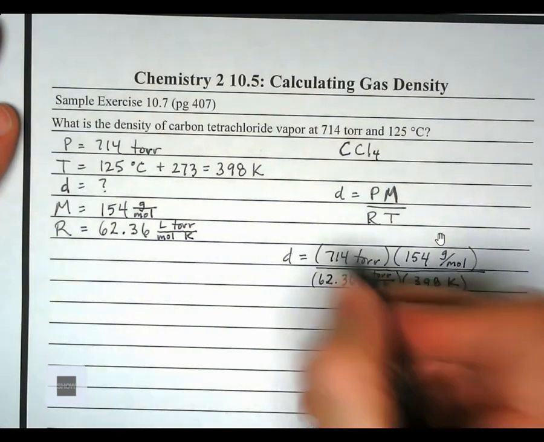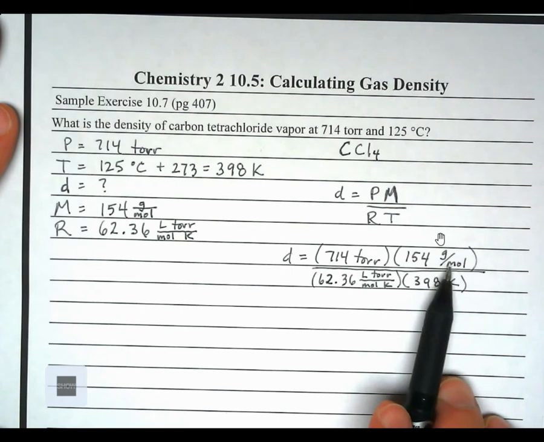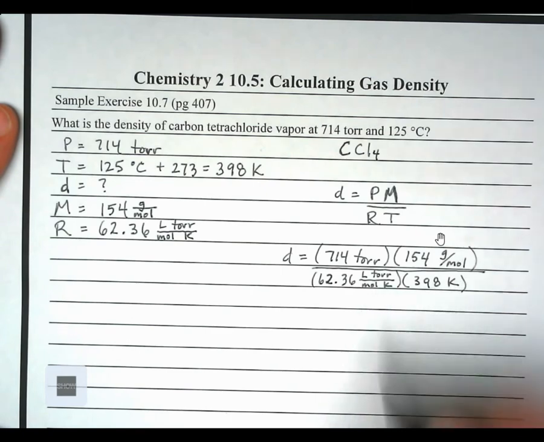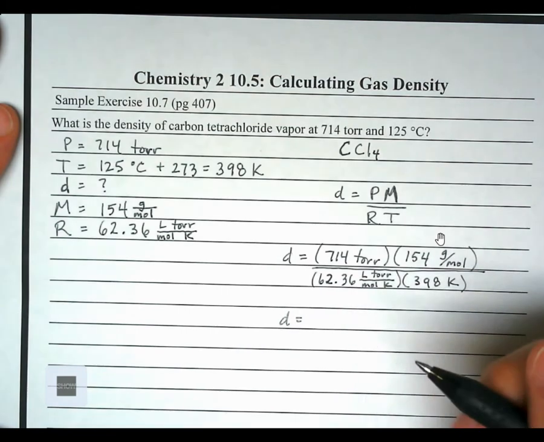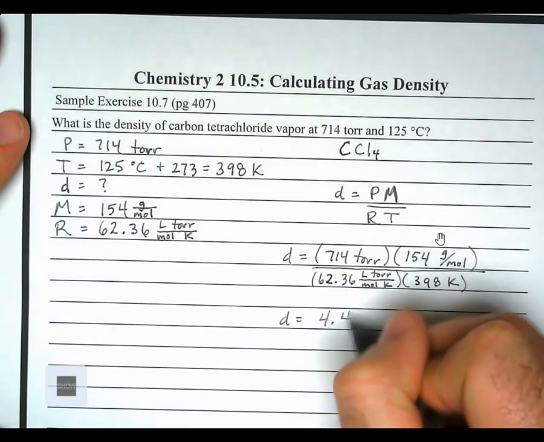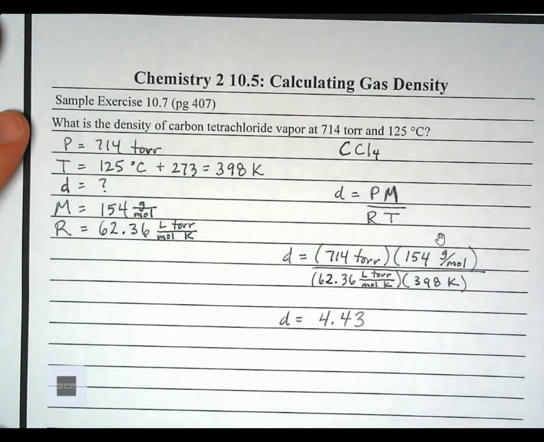So if we look, torrs cancel, moles cancel, because they're both on the bottom. Torrs cancel, moles cancel, kelvins cancel. So we do the math, and we get 4.43. And what is the label that we're left with?